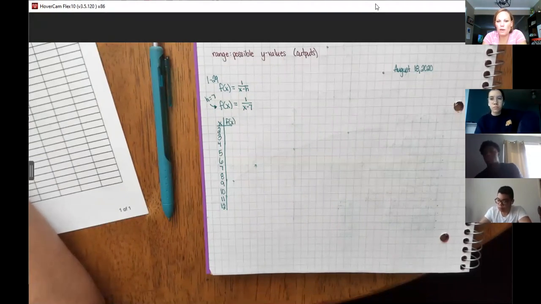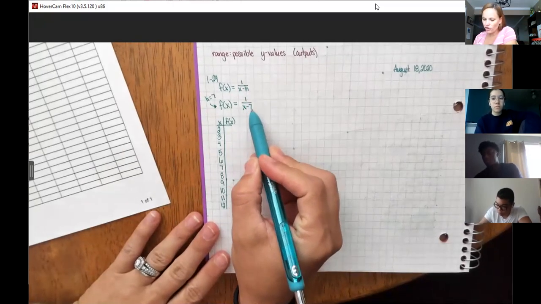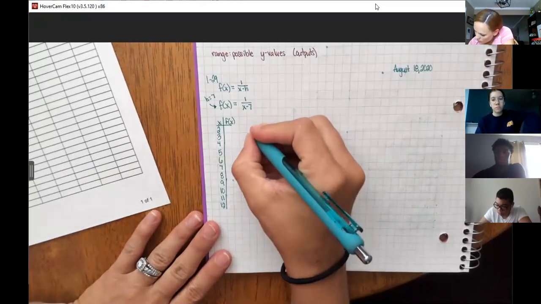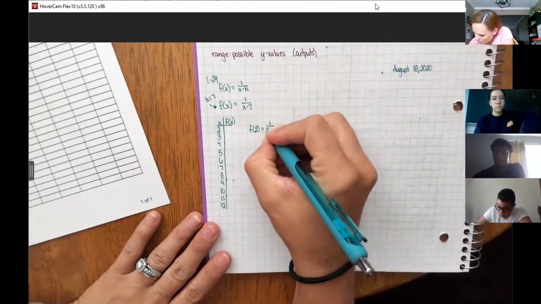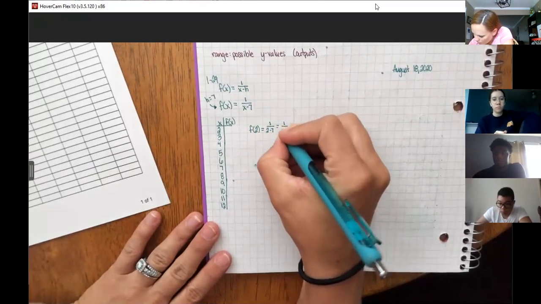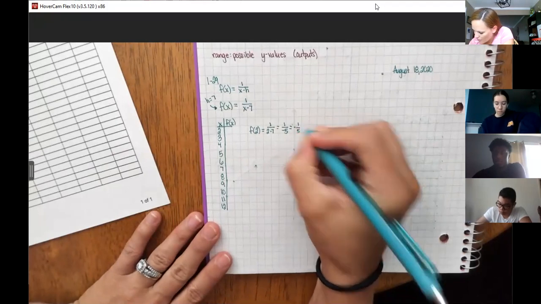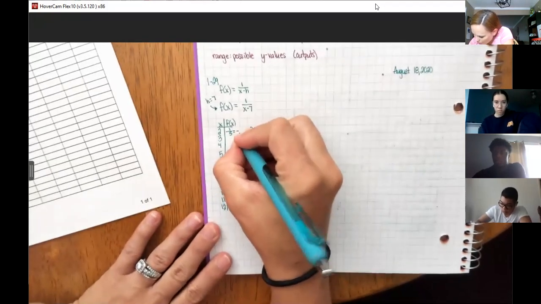Okay, so if I plug in 2, I have 2 minus 7 in my denominator. I'll just show the steps for this one. So it'd be 1 over 2 minus 7, which is 1 over negative 5. That's the same as negative 1/5, or if you wanted it as a decimal, negative 0.2.